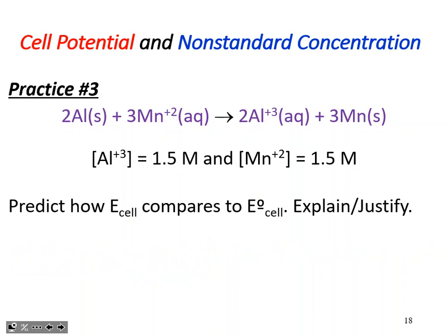Now, this one's a little deceptive, so think about it first before. We have 1.5 for our aluminum, and we have 1.5 for our manganese.